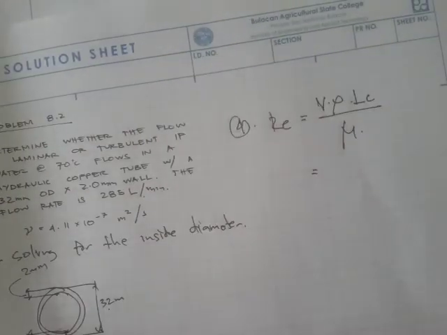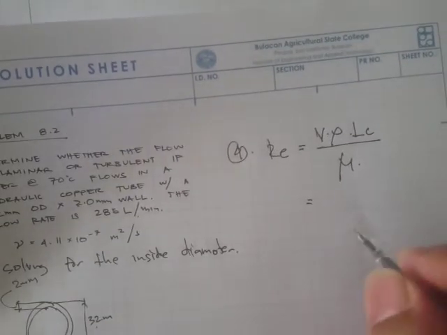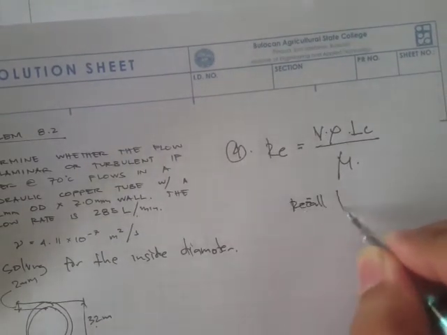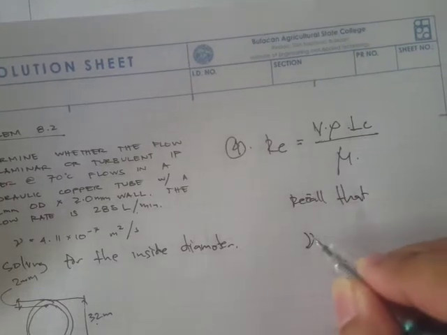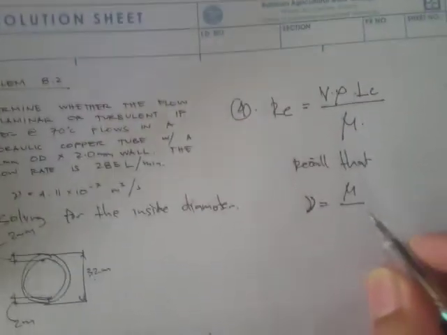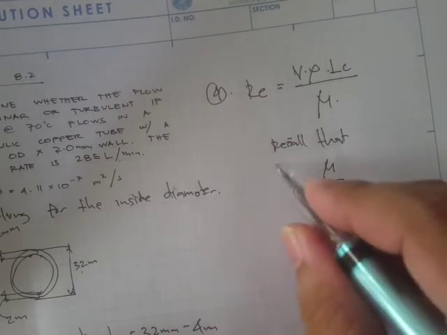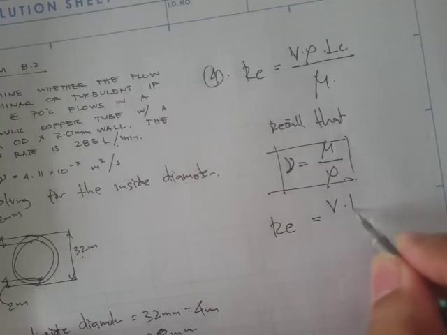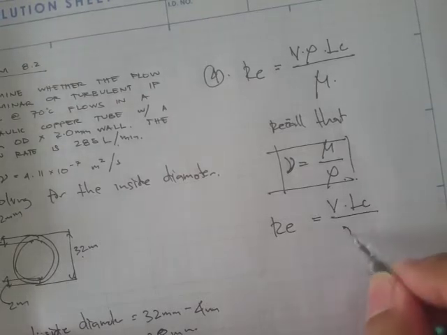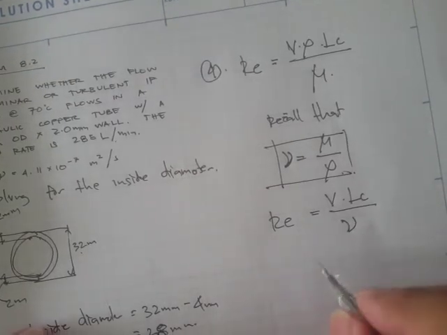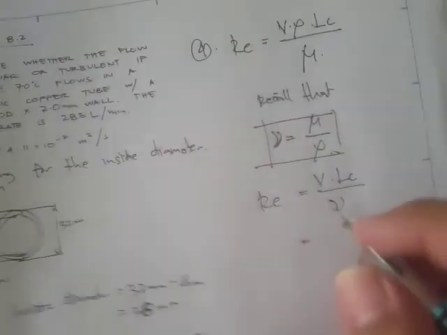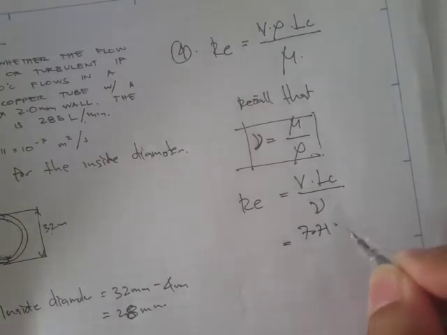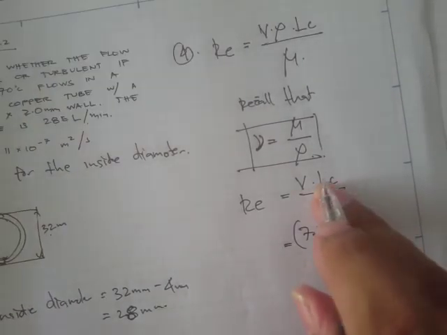And recall that the kinematic viscosity is simply the dynamic viscosity over the density, right? So we can rewrite it as the velocity times the characteristic length divided by the kinematic viscosity. Now our velocity right here is 7.71 meters per second.